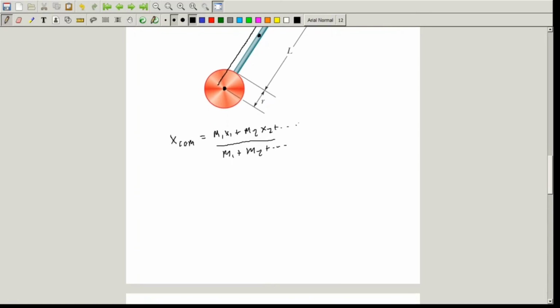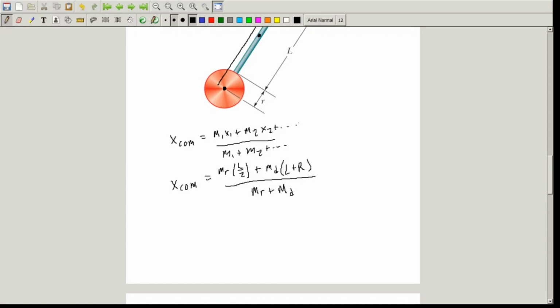So if we want to plug this in, we've got the center of mass of our pendulum is going to be at mass of the rod times x of the rod, and that's going to be at the center of the rod because it's a uniform rod, so that's going to be at L over 2, plus mass of the disc multiplied by x of the disc, which is going to be the length of the rod plus the radius of the disc, so L plus big R, divided by m sub r plus m sub d.